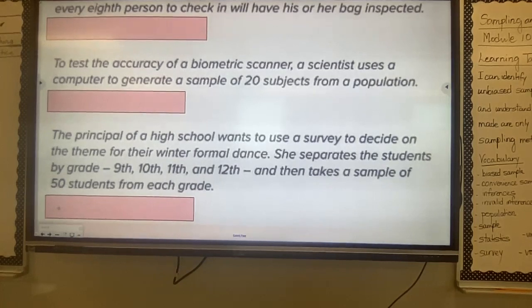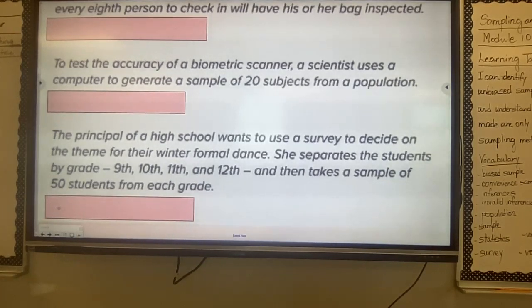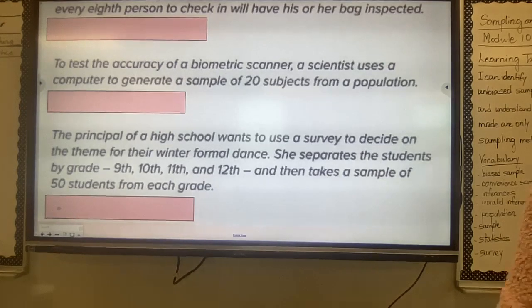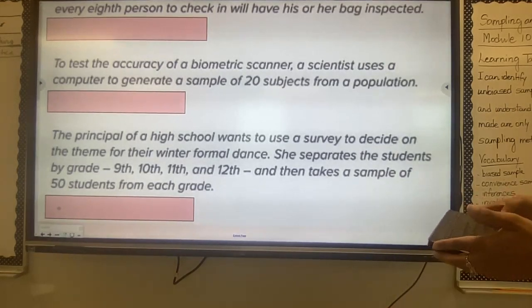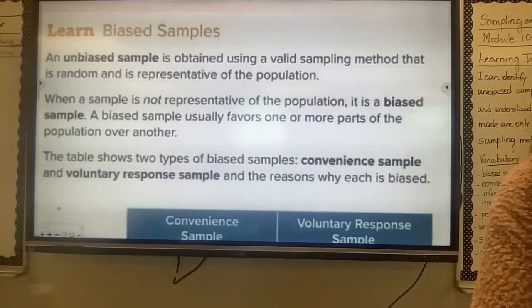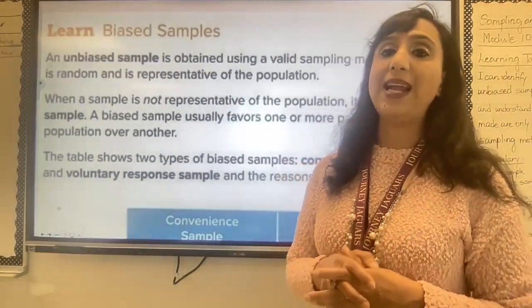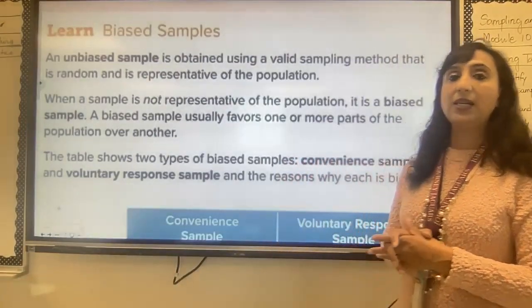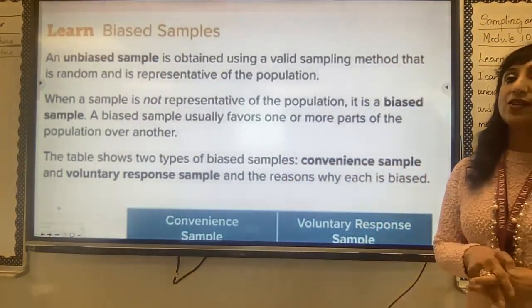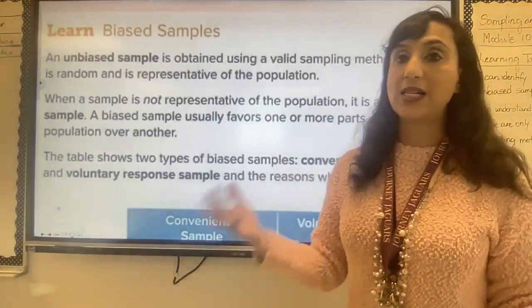Now, let's talk about what a biased versus an unbiased sample is. An unbiased sample is obtained using a valid sampling method that is random and is representative of the entire population.